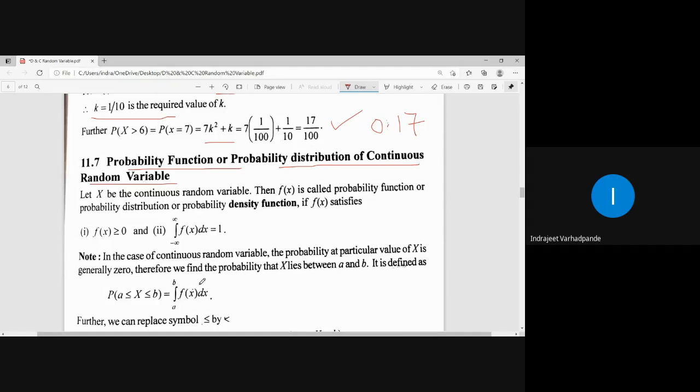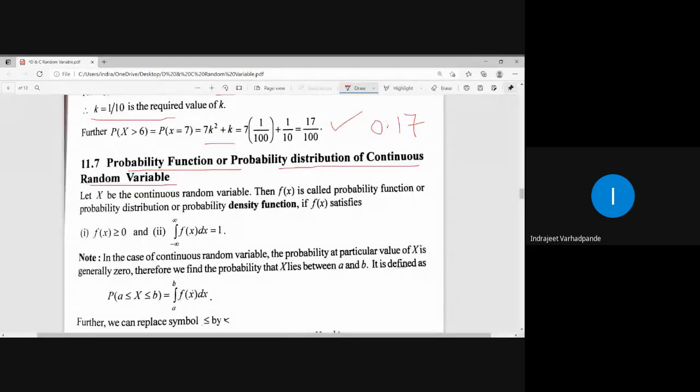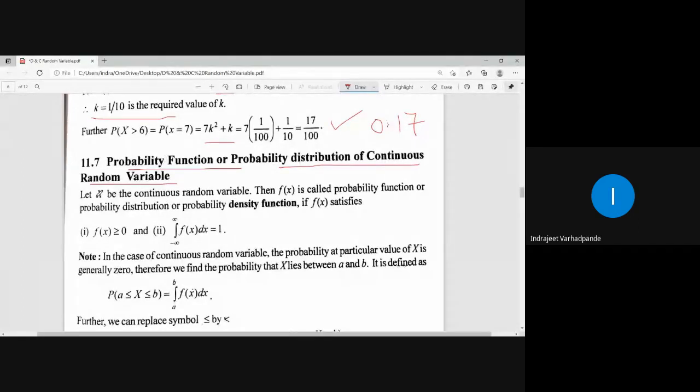How do we identify it? Discrete is countably infinite, continuous is non-countably infinite. Between the numbers -1 and 0, there are infinite number of points which cannot be counted. So these are uncountably infinite, and in that case we call it a continuous random variable.